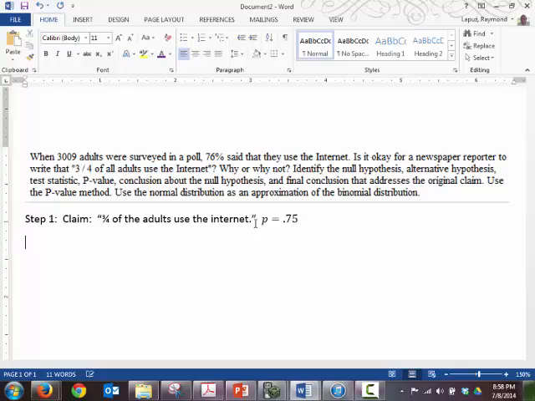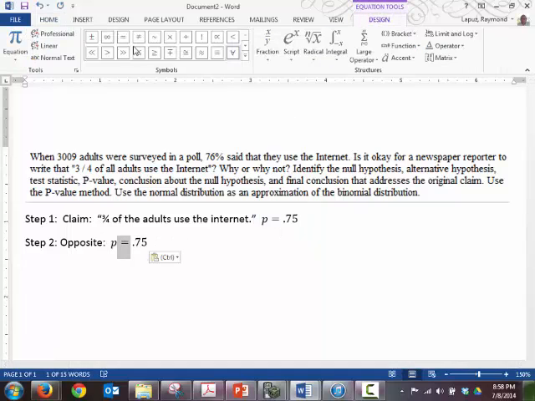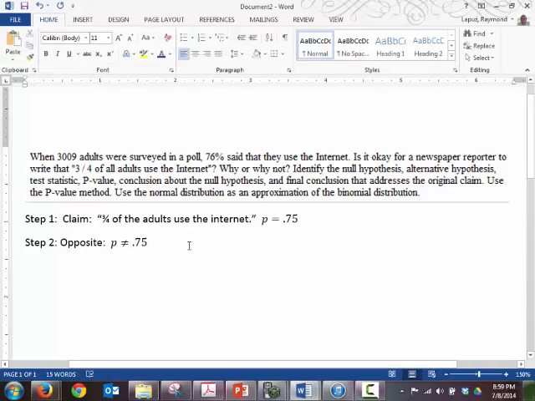So the opposite is what? Not equal to. Oh, this is going to be the same as the problem we just did. I was hoping we'd do one with the greater than symbol, but let's work with this.